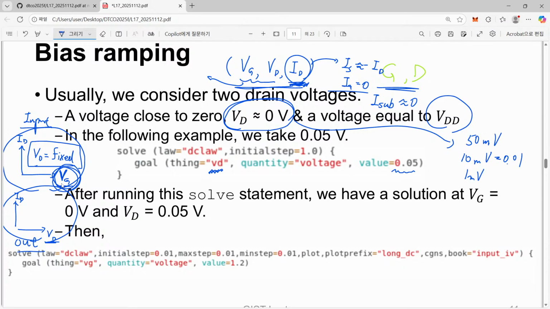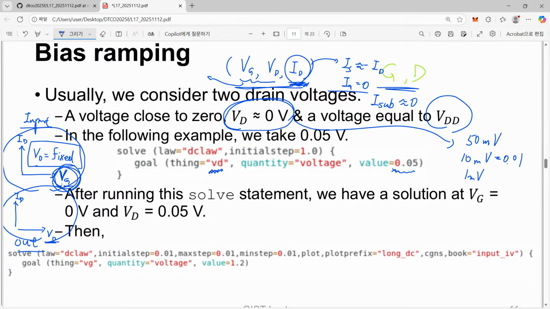Actually not up to you only, but if you are belonging to a certain group, research group or industrial research team, then they have their own convention. If your small drain voltage is fixed to something, then you must adopt that number.